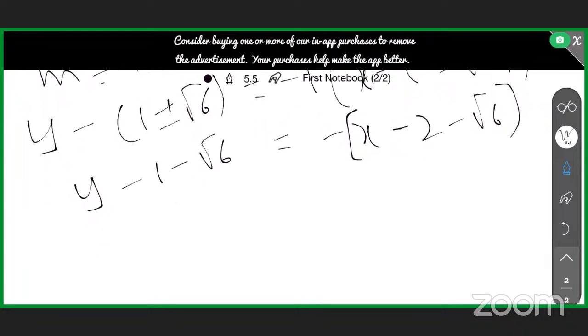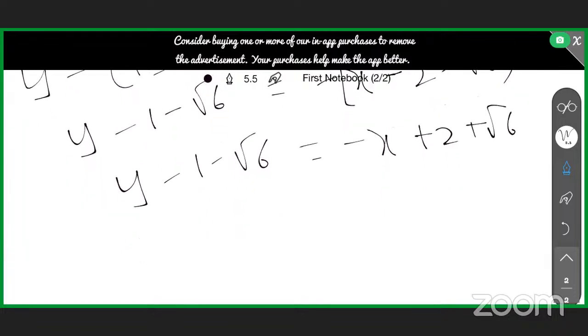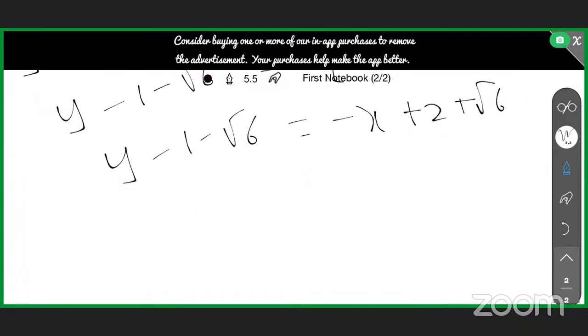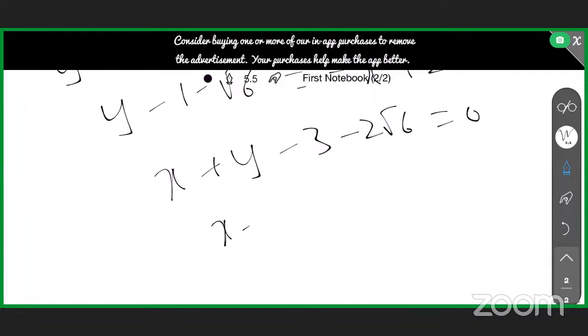Simplify this: y minus 1 minus root 6 is equal to minus x plus 2 plus root 6. Correct now? Yes. So x plus y minus 3 minus 2 root 6 is equal to 0. That is x plus y minus of 3 plus 2 root 6 is equal to 0.